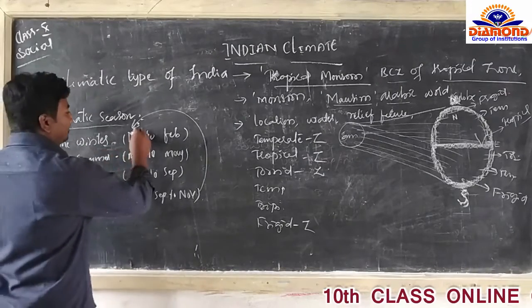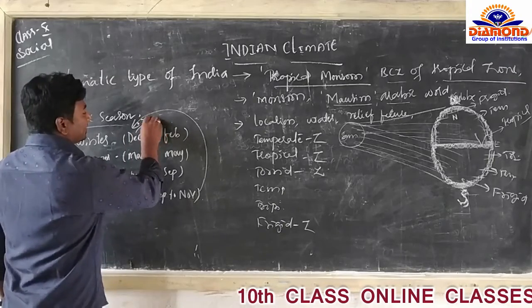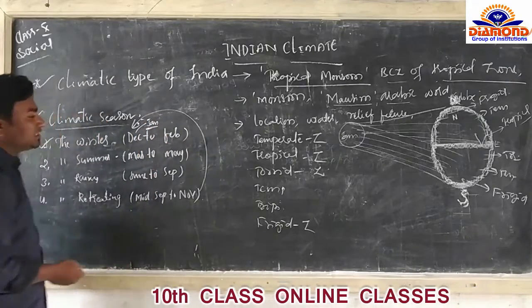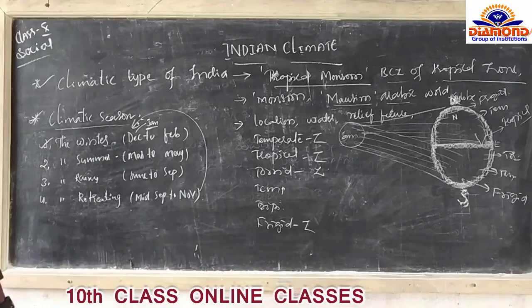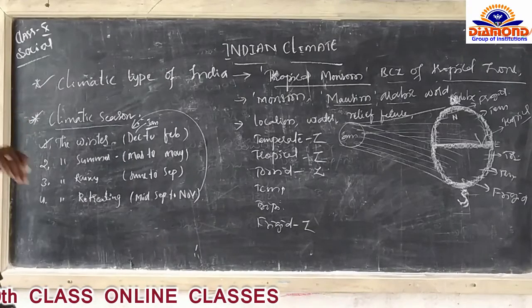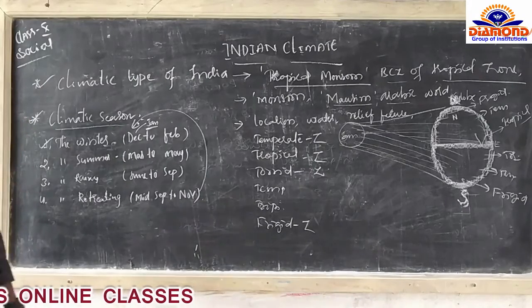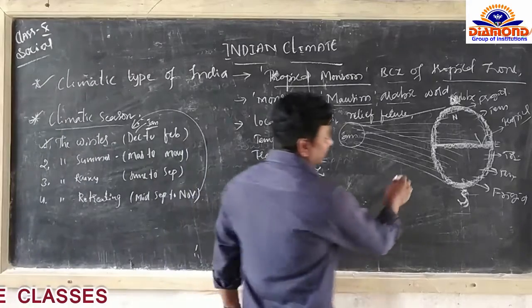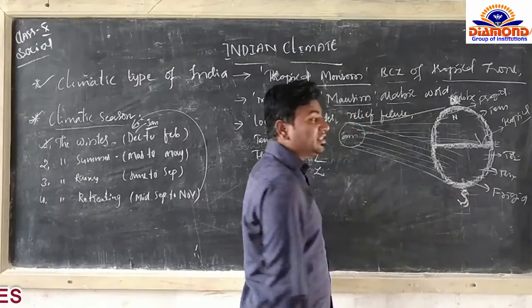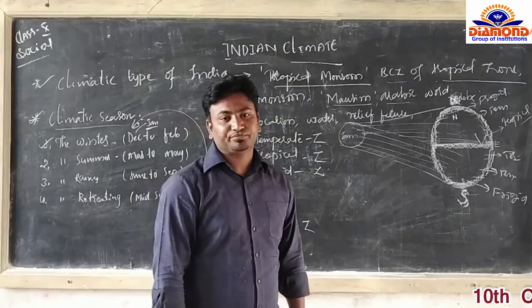Then when we cross from December to January, the rays of the sun go still more toward the southern part. At that period, these places receive high humidity.